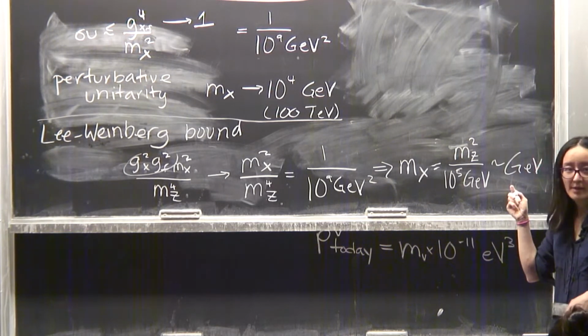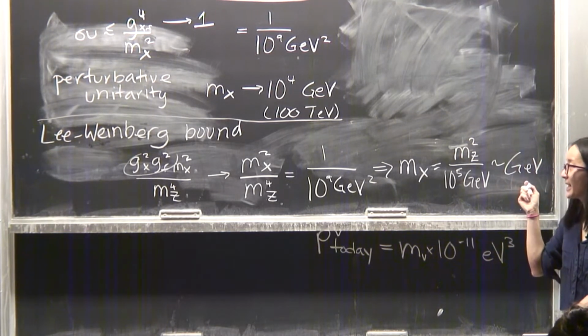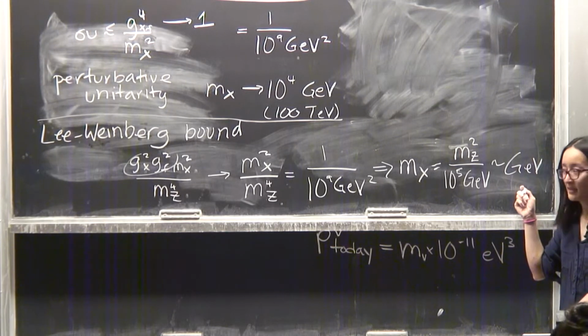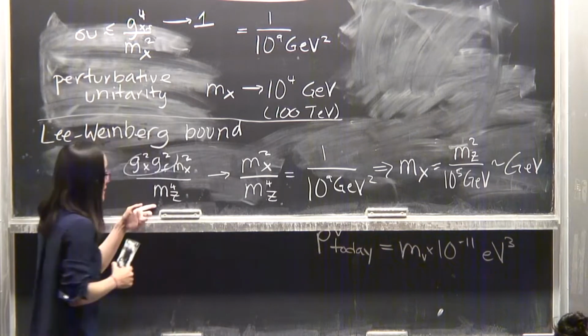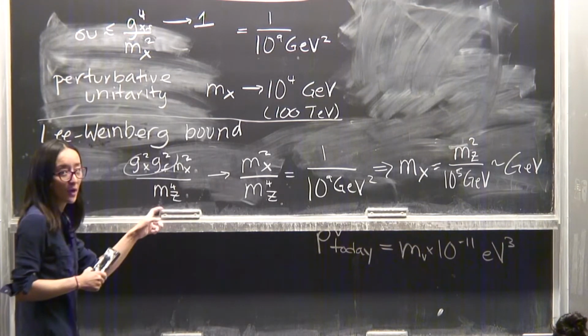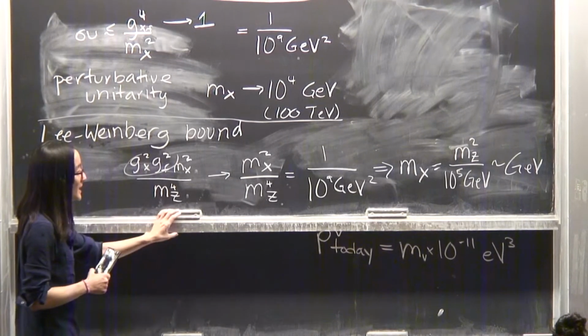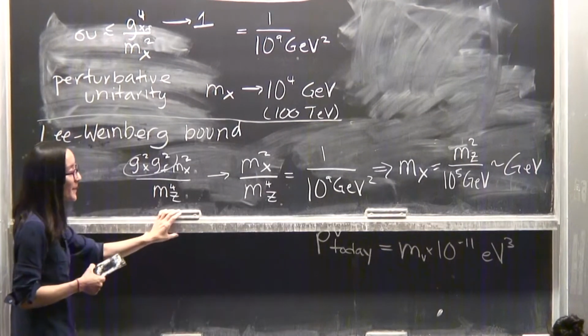So when I hit dark matter masses of about a GeV, the annihilation through weak scale mediators becomes too small compared to what we need for the relic abundance, and we would have too much dark matter.